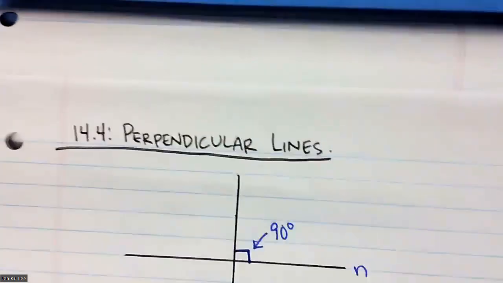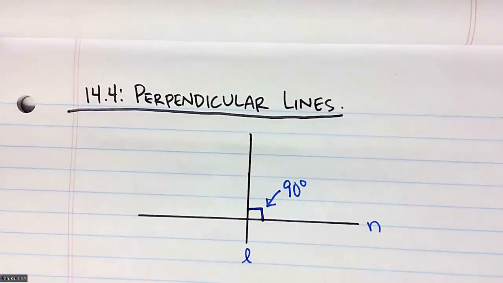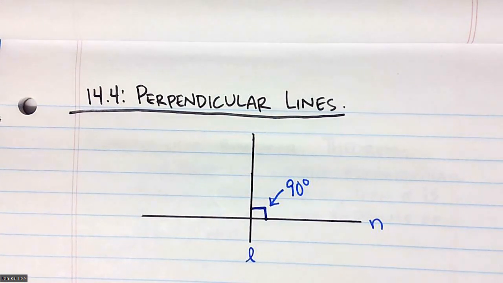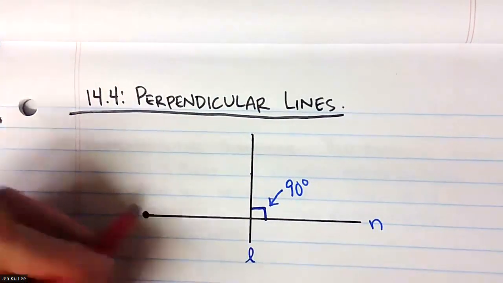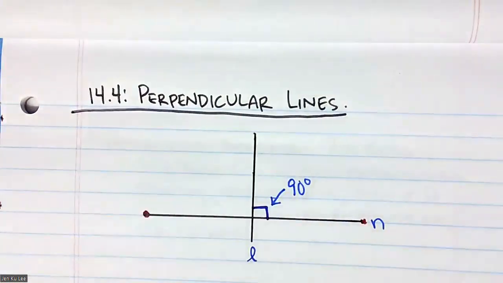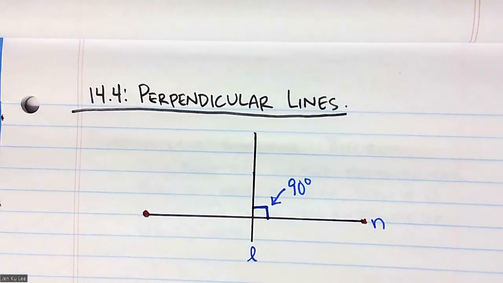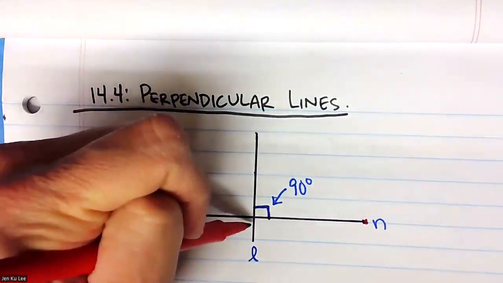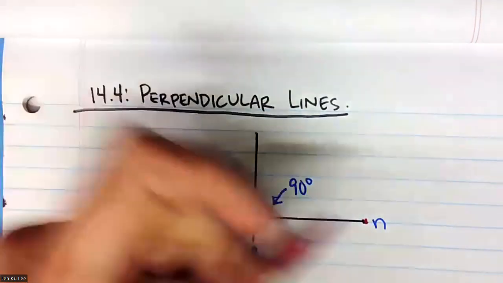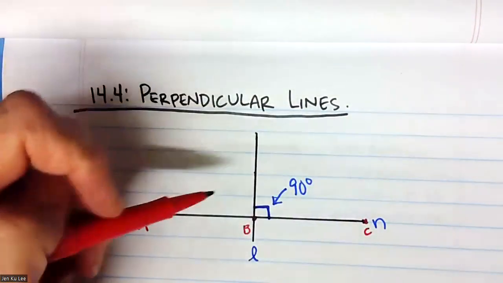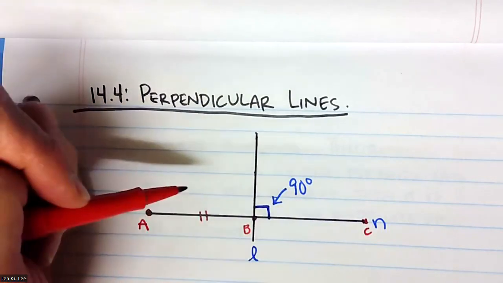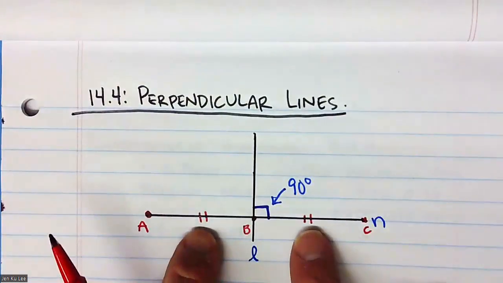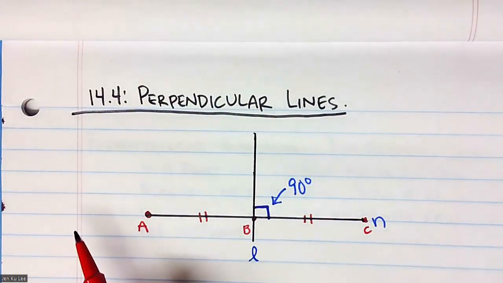So let's say that line L is the bisector of line N. If this was a segment, a line with two endpoints, let's label these points A, B, and C. Then AB is congruent to CB, and the tick marks just mean that they are equal.